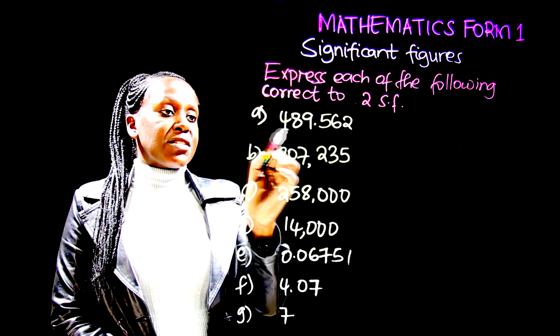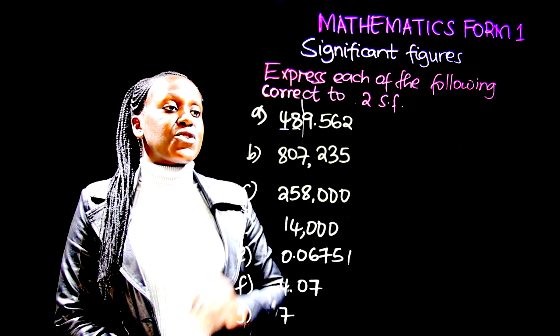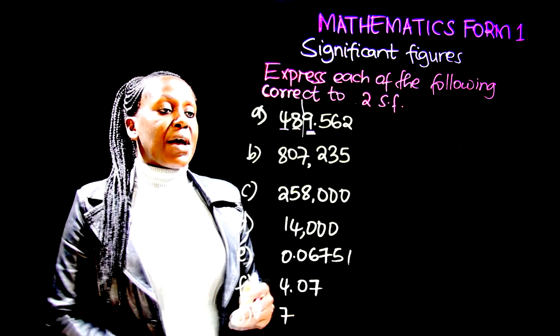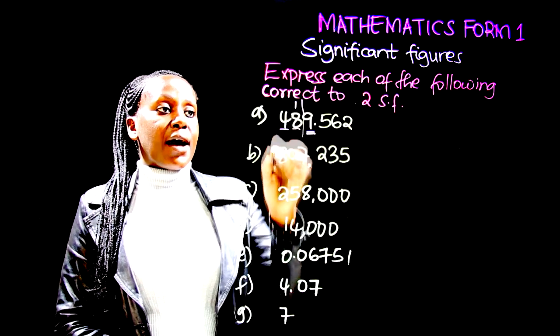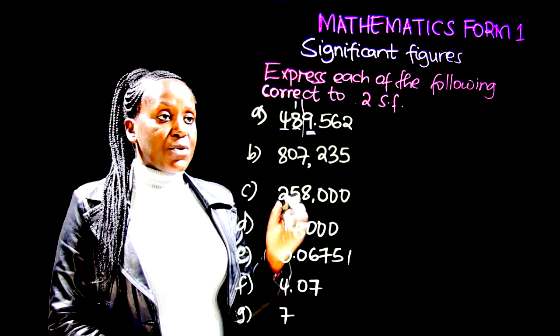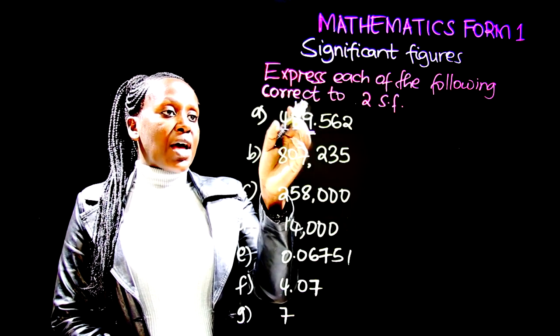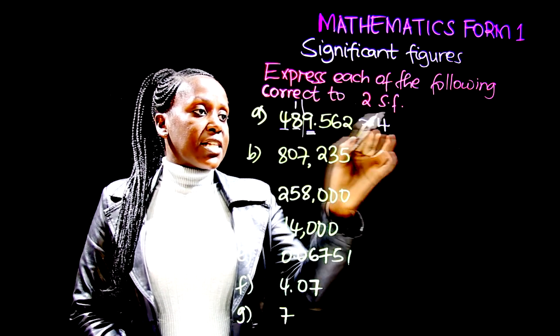So this is the first significant figure, second, so put a stroke there, check the third number. If that number is 5 or more, then you round it up by adding 1 here. If it is less, then you round it down. So in this case, we are going to round up 1 so that this remains as 4 and this as 9.